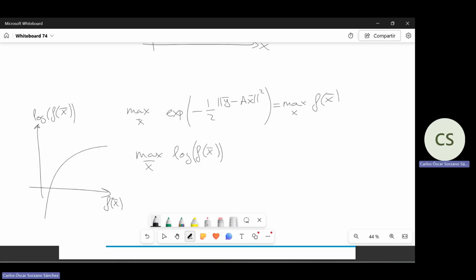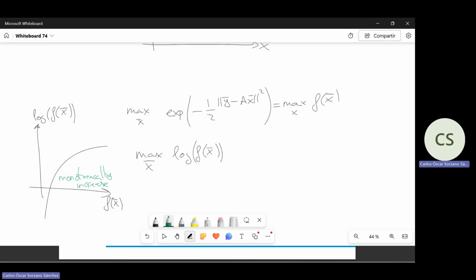The logarithm is a function that is continuously increasing. So if at some point f of x is maximum, the logarithm of f of x will also be maximum. This property is called monotonic, meaning it always increases.